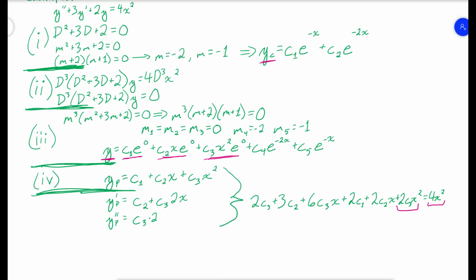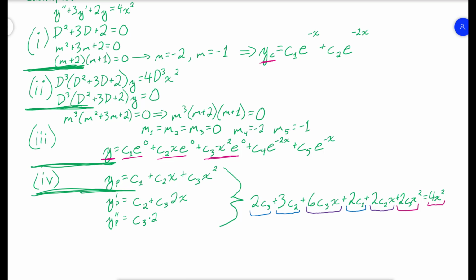I have 2c3 as a constant, 3c2 as a constant, 2c1 as a constant, and that's all the constants. So I've accounted for them. And then finally, I have 6c3x and 2c2x, and those are all of the x terms.